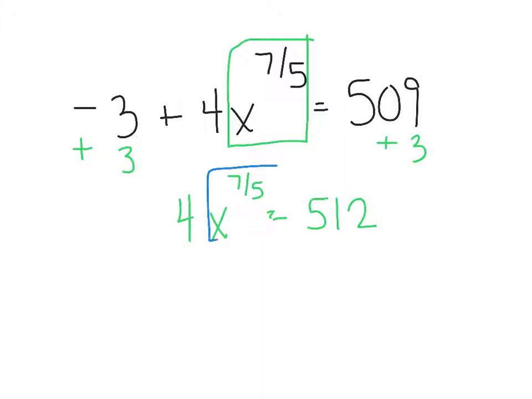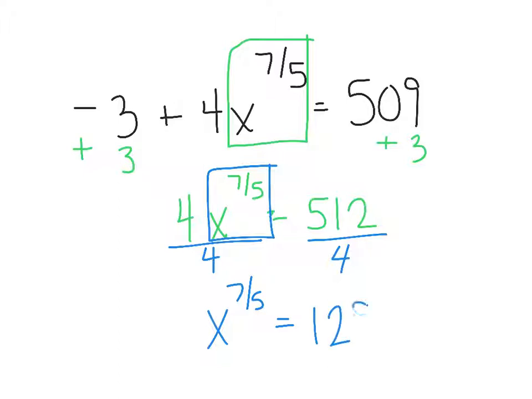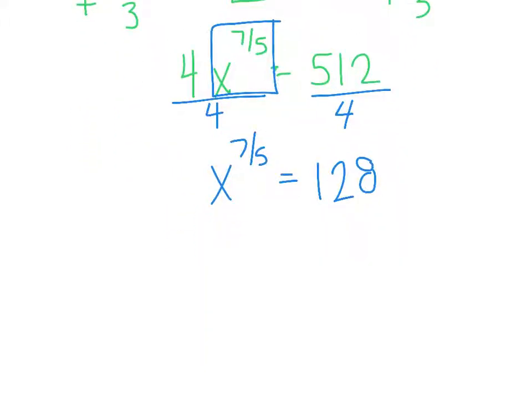Okay, so I'm going to box it in again. The 7/5 is only on the x. Now my goal is to divide by 4. So my 512 divided by 4 gets me a 128. So again, I'm just going to rewrite this for myself. The root goes on the bottom: the 5th root of x to the 7th equals 128.